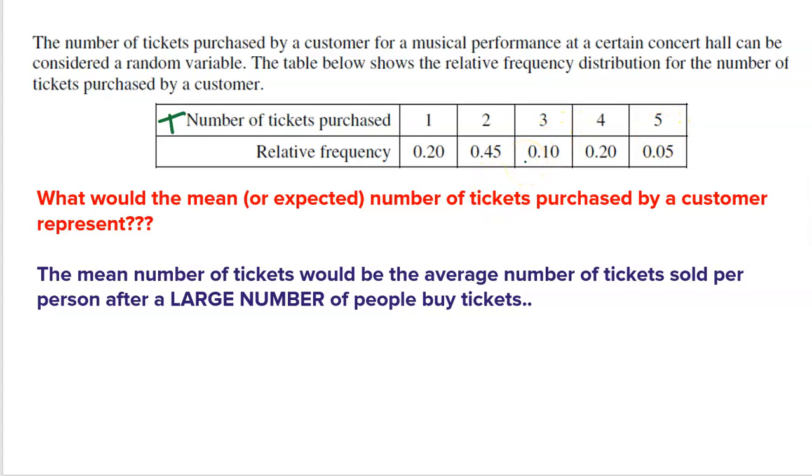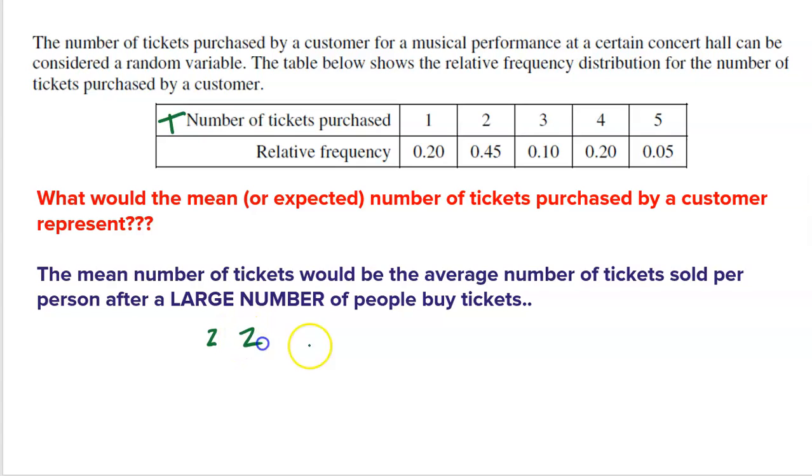But if we were allowed this random process of somebody calling and purchasing tickets to repeat itself many times, the average number of tickets sold would be the mean. So the mean number of tickets would be the average number of tickets sold per person after a large number of people bought tickets. So again, to reiterate, if we allowed this process to repeat itself, maybe the first phone call, 2 tickets.